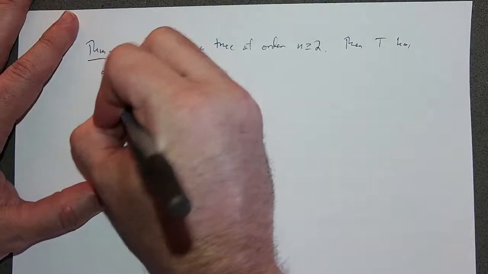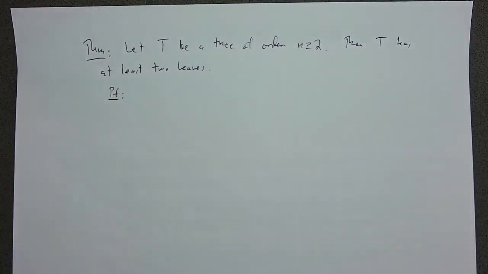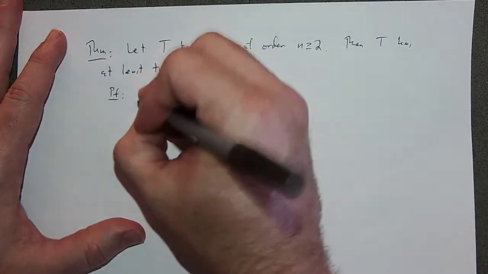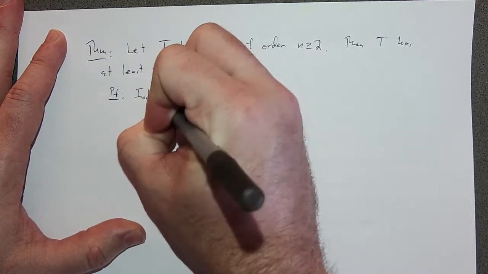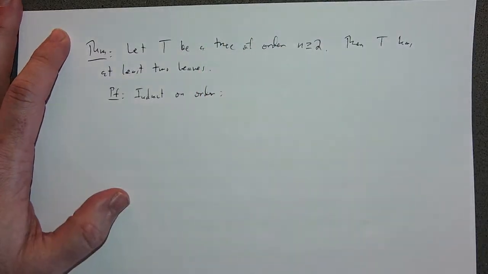The main reason I'm doing this proof is that this shows another way these induction proofs can be utilized, and this is something that is extremely common in a lot of graph theory applications. So how does this work? I'm going to be inducting on the order of the tree. So induct on order. Base case: start if n equals 2.